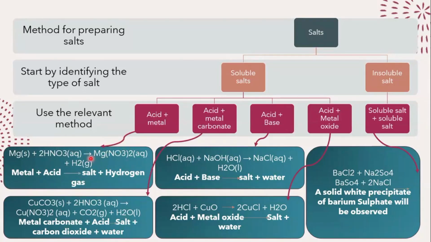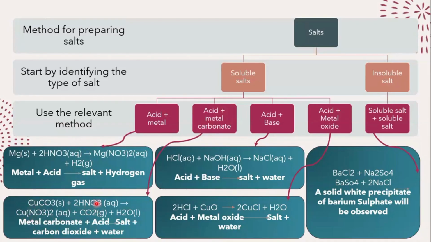Then let's say that this is an option that you do not want to take. You want to go for a different route. You can take a metal carbonate and then react that with the acid. So for example, I wanted to make copper nitrate, a soluble salt. I will take copper carbonate because I want a copper salt, and nitric acid because I want nitrate.